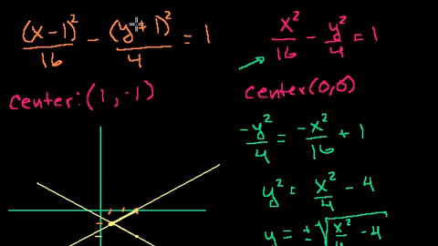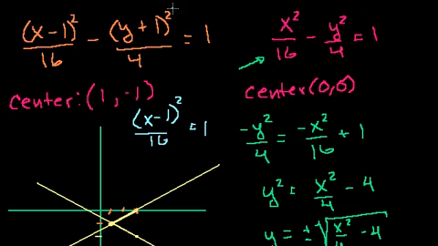So y could be equal to negative 1. Let's try that out. If y is equal to negative 1, this term right here disappears, right? Negative 1 plus 1, that's 0. So when y is equal to negative 1, you're left with x minus 1 squared over 16 is equal to 1.